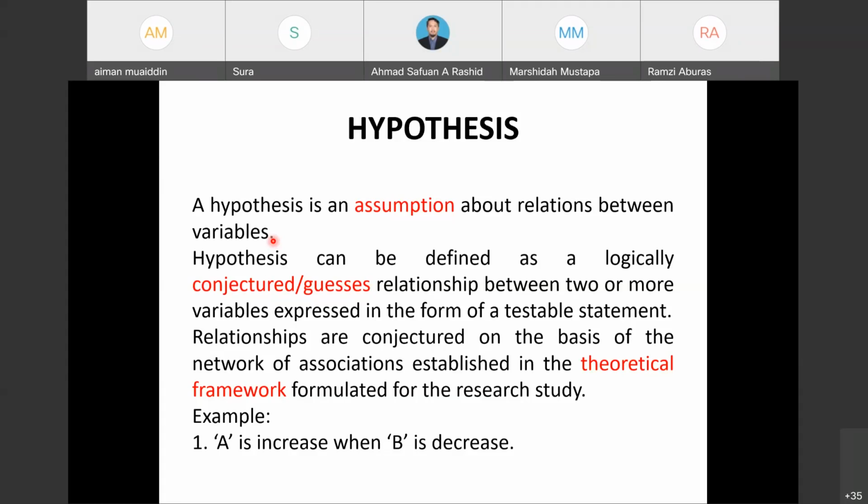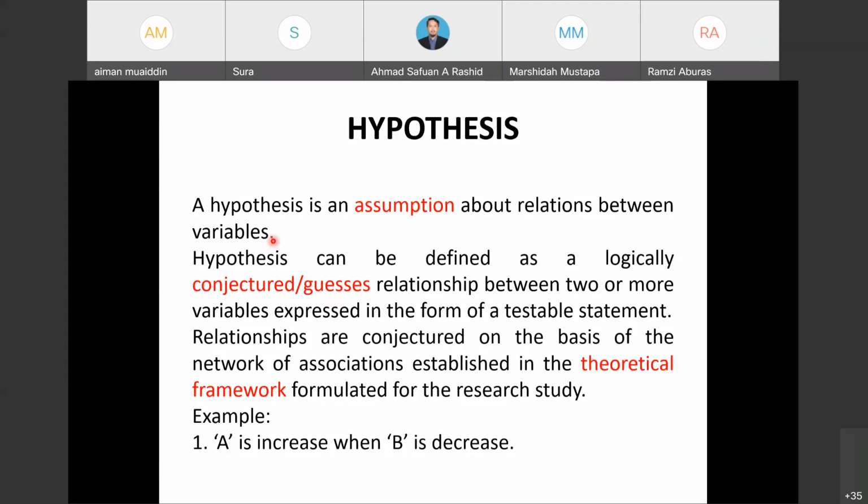A hypothesis can be defined as a logical conjecture or guessed relationship between two or more variables, expressed in the form of a testable statement. Relationships are conjectured on the basis of the network of associations established in the theoretical framework formulated for the research study. A simple example: A is increased when B is decreased.